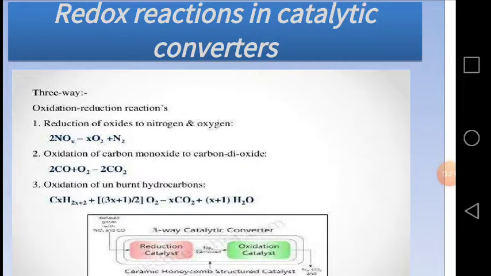Now we will see the different steps going on in the catalytic converter. Exhaust gases such as oxides of nitrogen, carbon monoxide and unburned hydrocarbons are the major source of air pollution. To reduce air pollution, the exhaust systems of most cars are now fitted with catalytic converters.